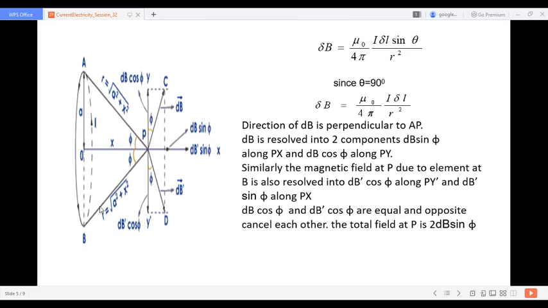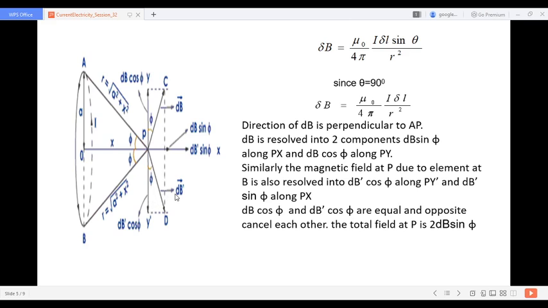Similarly, if we consider a current element at the point B, the magnetic field produced by the current element at the point B at point P is along dB dash, that is along PD. Here this dB dash is making an angle phi with the vertical again.